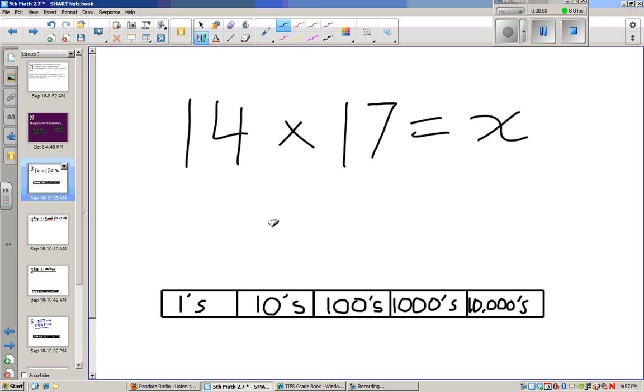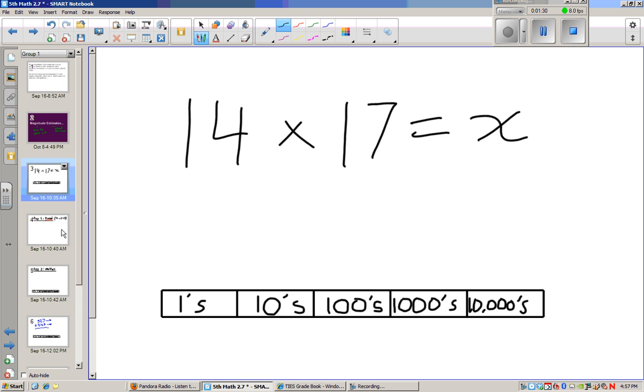A magnitude estimate is going to tell us whether the answer to 14 times 17 will be in the ones, the tens, the hundreds, the thousands, or the 10,000s. It's just going to tell us about how big it should be. The real advantage is that if we know about how big it should be, then when we do the actual multiplying, we'll know if our answer is in the ballpark. Let me show you how this works.